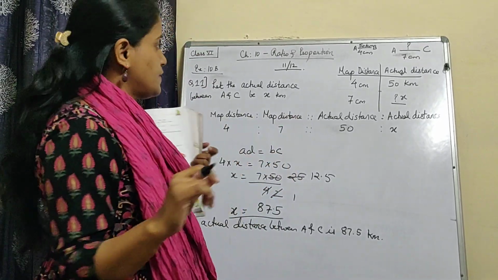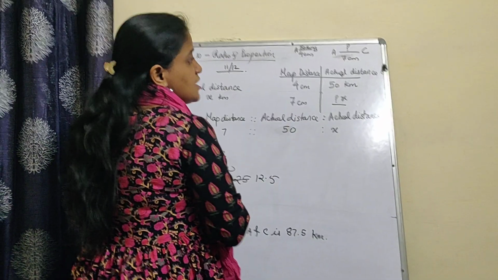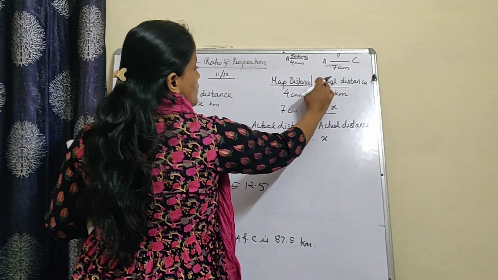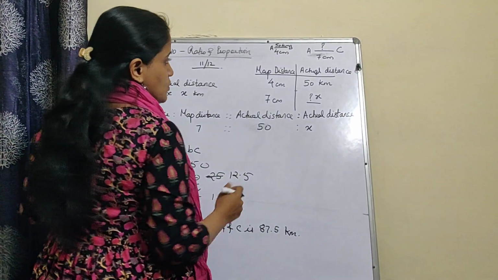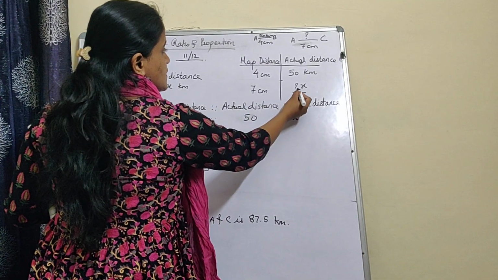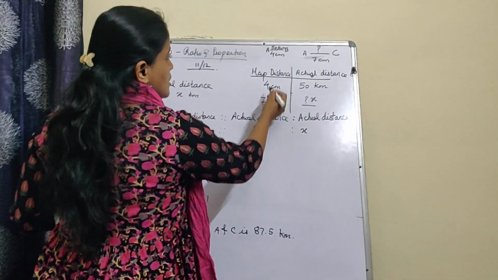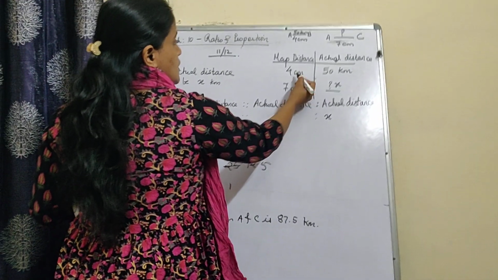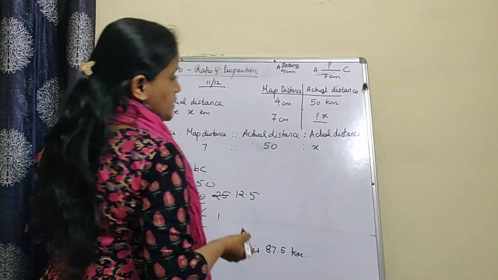So let's start. First we will make the framework. What is asked? Actual distance. So actual distance will be the heading on the right hand side, and here it will be map distance. Let the actual distance be x when the map distance is 7 centimeters. The other information given is that when the map distance is 4 centimeters, the actual distance is 50 kilometers.